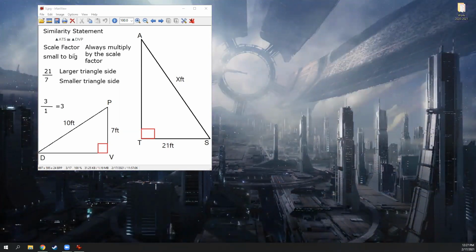We know that this side, this x, corresponds to 10, which makes it pretty easy. 10 times the scale factor, and our scale factor is 3. That's going to equal 30 feet. Which means this side right here equals 30 feet.